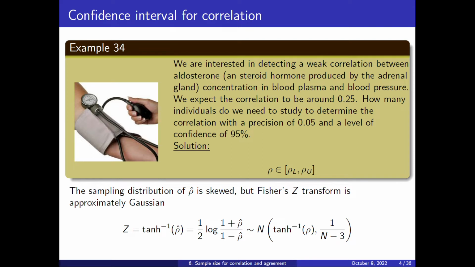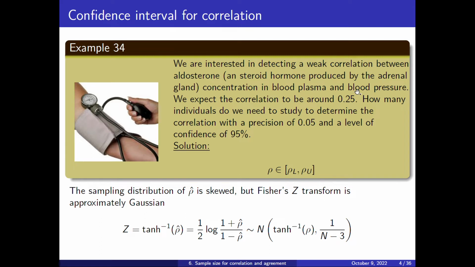We are studying whether there is a correlation between a given hormone, aldosterone, and blood pressure. So we will study the concentration of this hormone in blood and compare it to blood pressure.